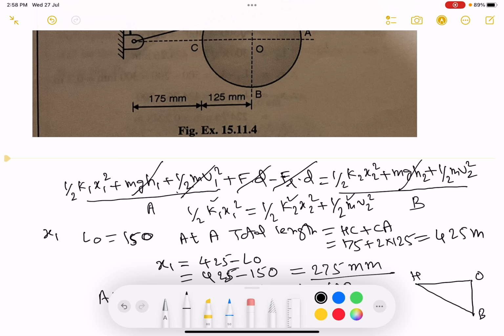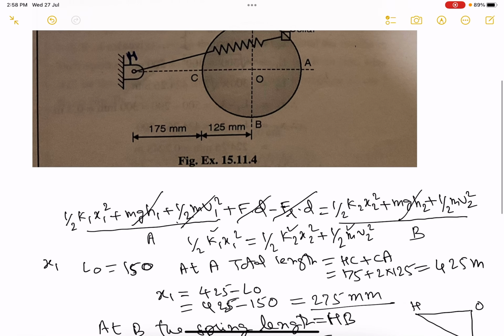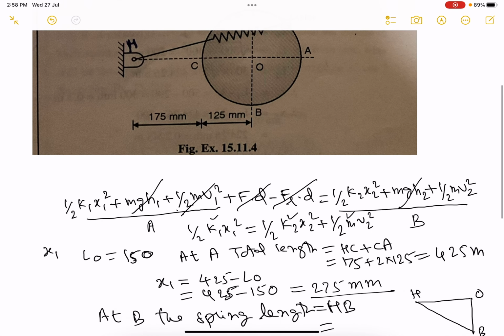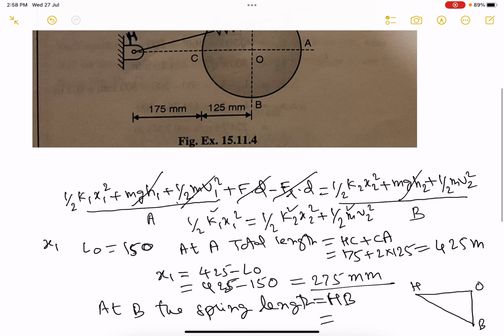So we can write HO. HO is how much? It is HC plus CO. Please note that it is HC plus CO. And what is HC? 175. What is CO? 125, right? 175 plus 125, that is HO, and this will be 300.